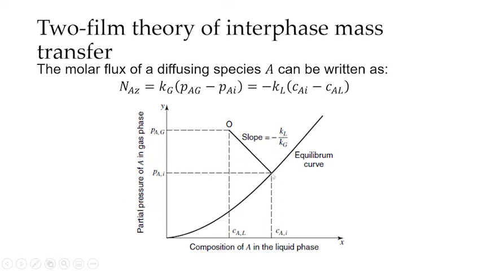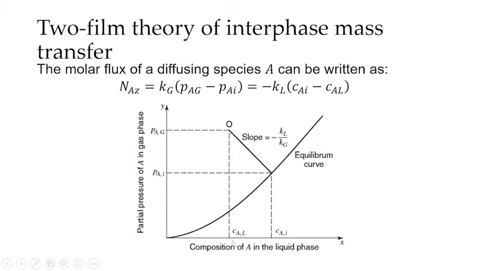That means that your Henry's law constant can be used here to convert from PAI to CAI, or from CAI to PAI. Okay? Our point O here is called the operating point. If you take a look at the coordinates of our operating point, we have PAG, or the partial pressure of species A in the bulk gas, and we have CAL, or the concentration of A in the bulk liquid.